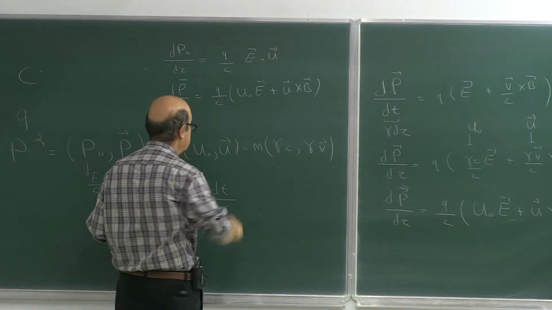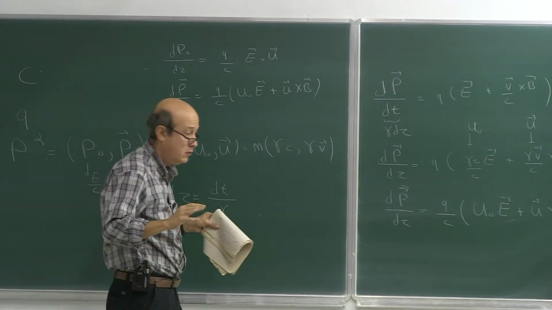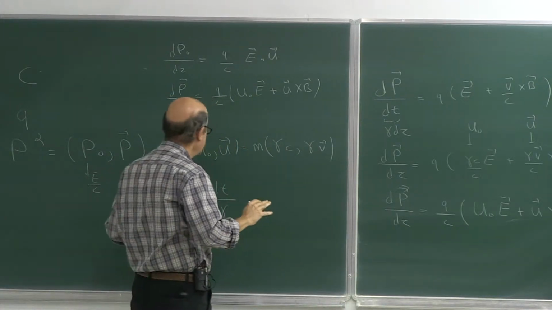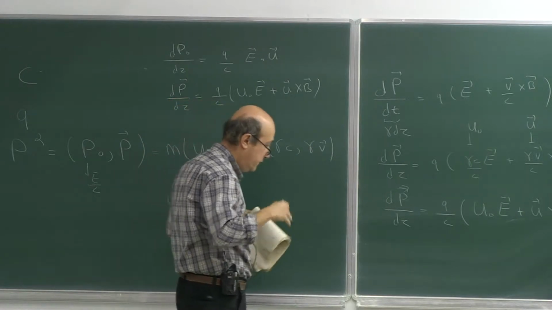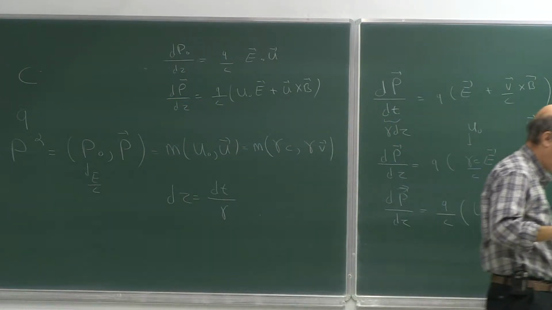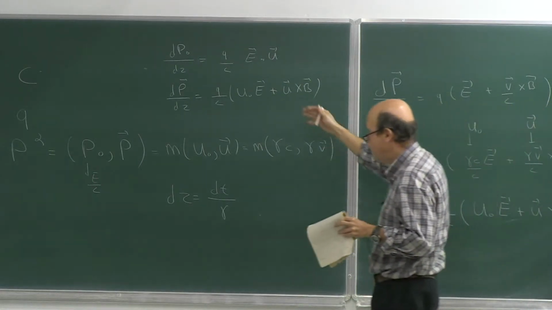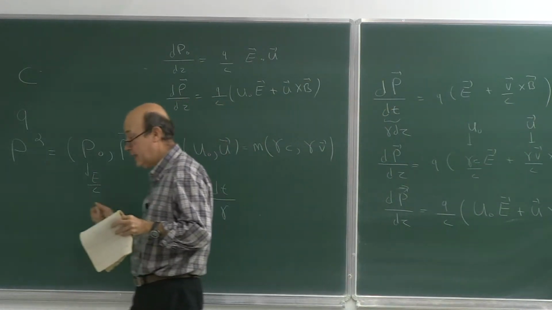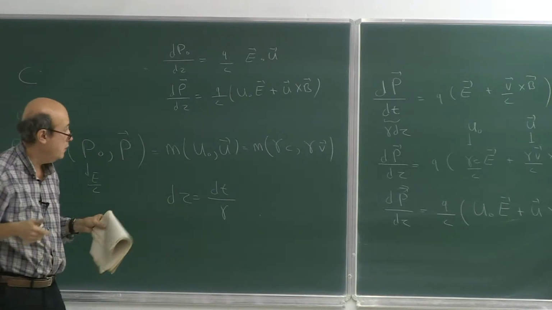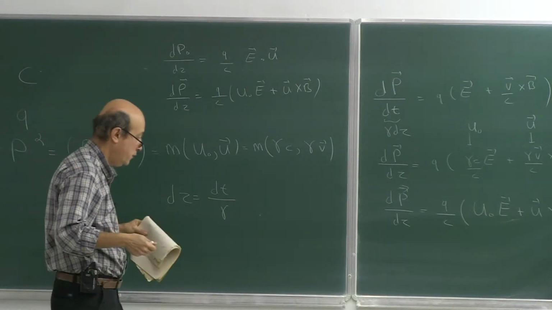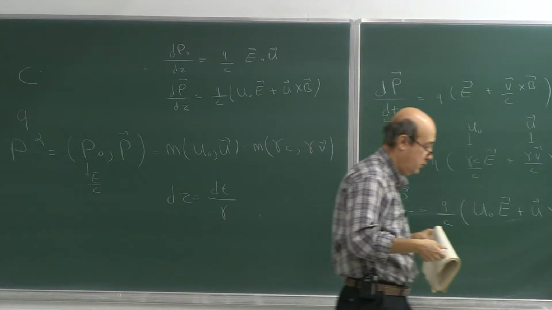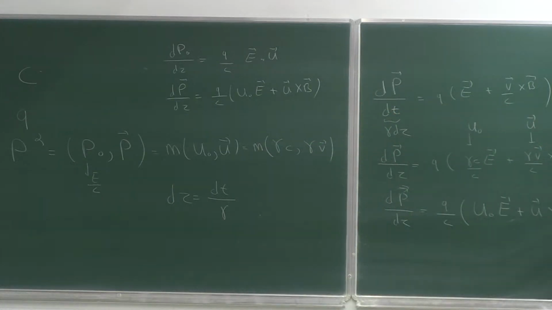We have the 4-velocity piece, but we don't know what we can say for the electric field and the magnetic field, because we haven't studied the properties of the Lorentz transformations of the electric and magnetic fields. The question is, can we write this in covariant form? Yes, we will, but we first have to know what transformation rules we have for the electric field and the magnetic field.